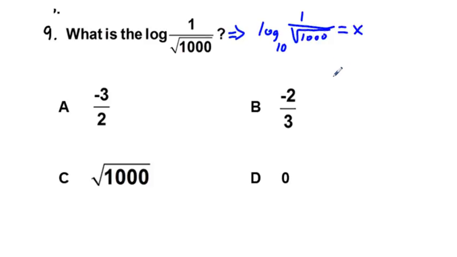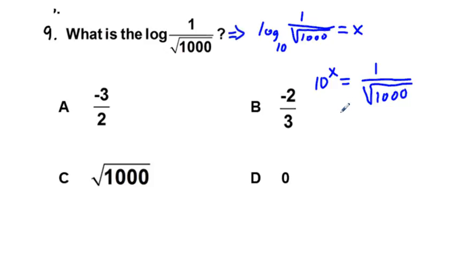So just rewriting this equation as an exponential equation, the base of the logarithm is going to be the base of our exponent. So 10 to the power of x is going to be equal to 1 over square root of 1,000.